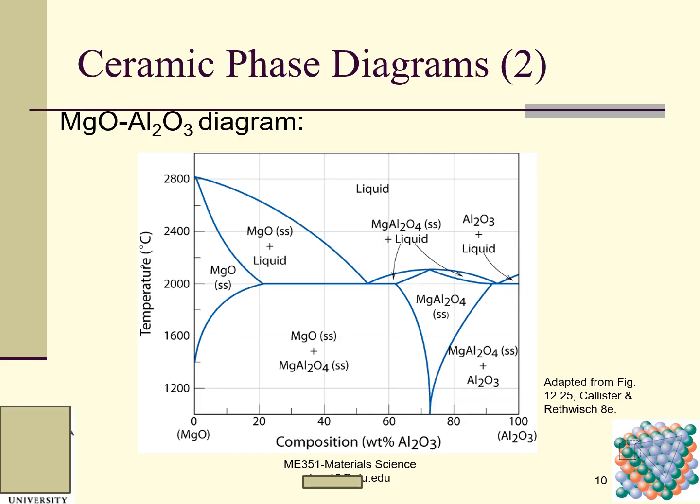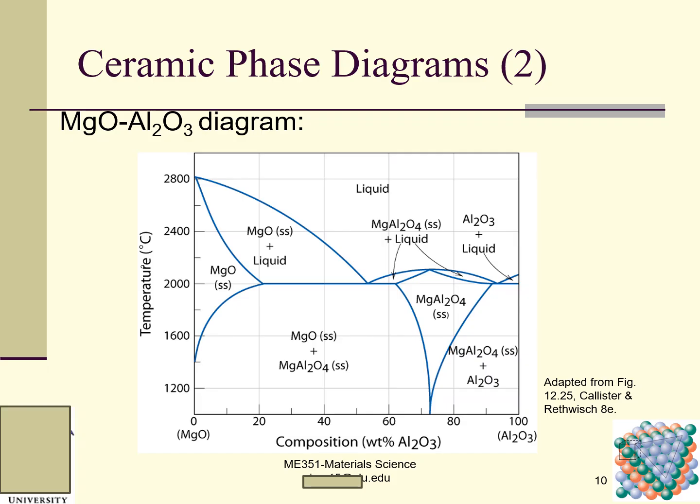And so here we have magnesium oxide solid solution. SS means solid solution. So here is magnesium oxide solid solution plus the liquid. Right? So here are the two phases, and here is the liquid phase, and here is magnesium oxide solid solution along with magnesium aluminum oxide solid solution.